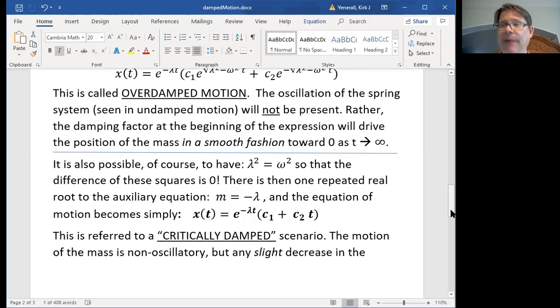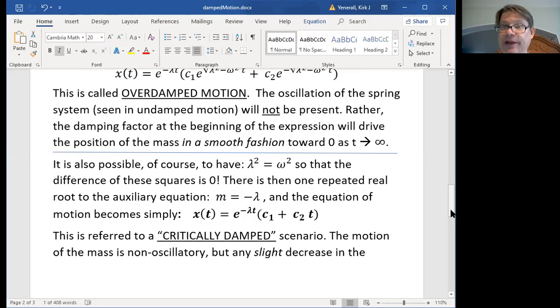Those are three possible scenarios that we can have with what we call damped motion, where we're taking into account forces like air resistance or friction that tend to impede the motion of the object in a way that we take to be proportional to the velocity of the object at the time.